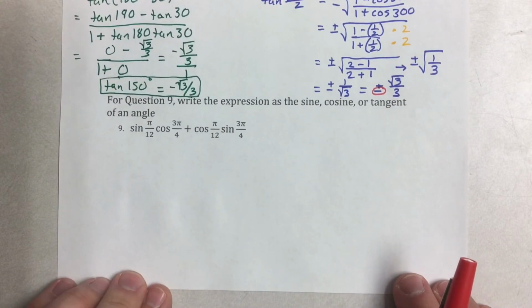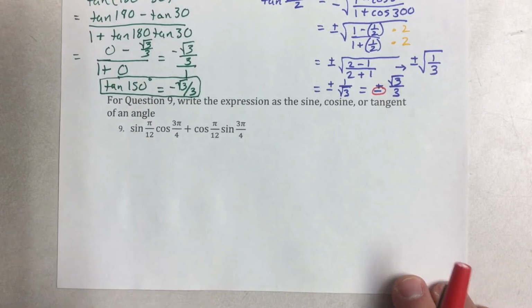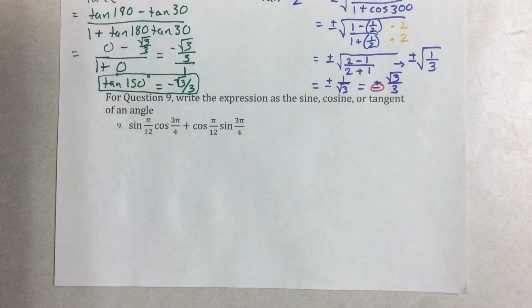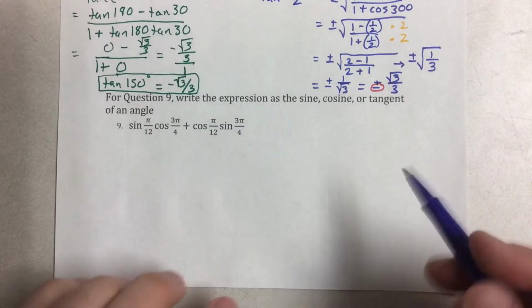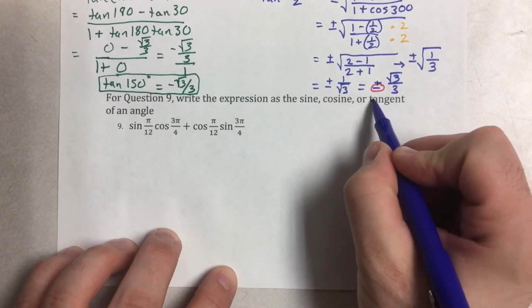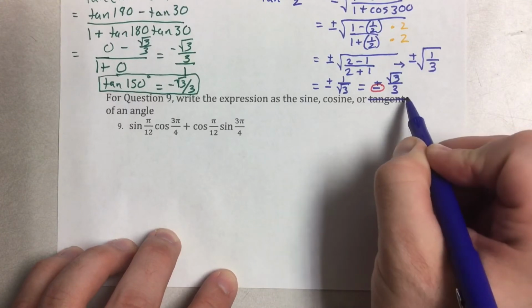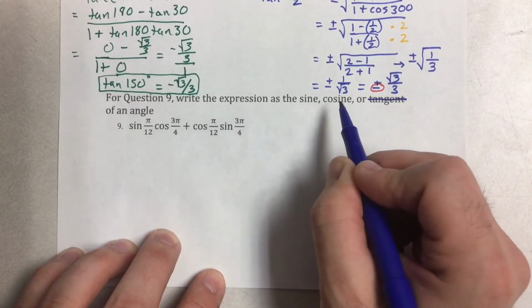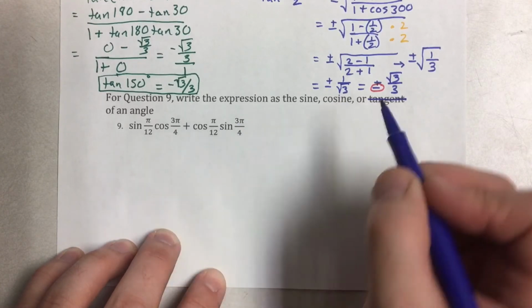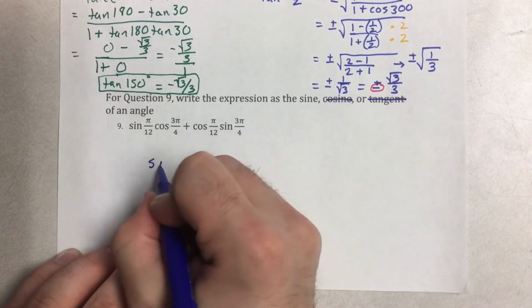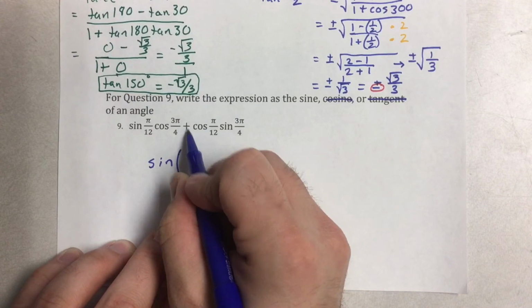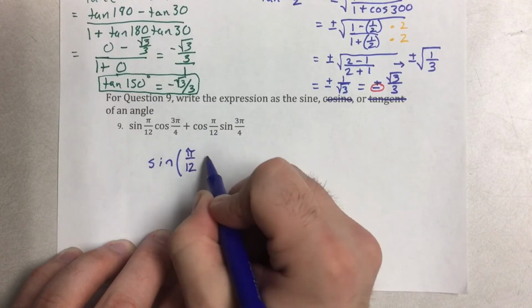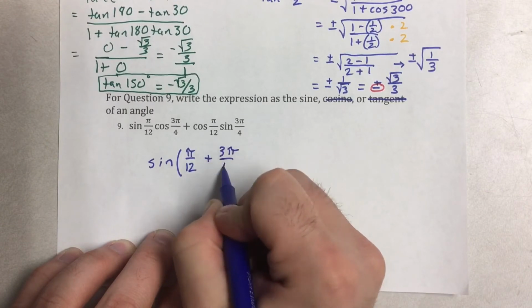So for question 9, rewrite this as sine, cosine, or tangent. In looking at this problem, we see first of all nothing involving tangent, so it's not going to be tangent. And the cosine identity is cosine cosine, sine sine, so we have sine, and this is going to be addition, so pi over 12 plus 3 pi over 4.